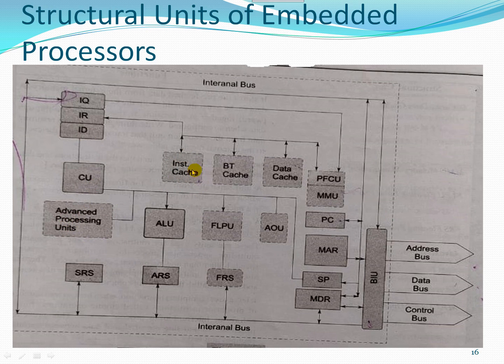This is instruction cache, branch target cache, data cache, prefetch control unit, memory management unit, and this is the arithmetic logic unit, floating point unit, atomic operations unit, and this is the program counter, memory address register, stack pointer, memory data register, and this is the supervisory register set.